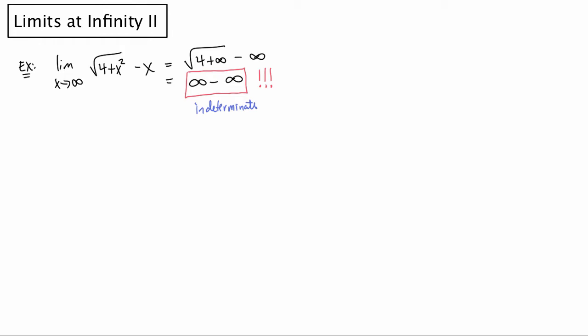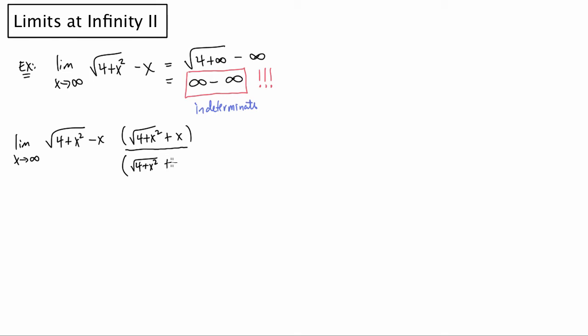So we've dealt with problems this semester that had square roots involved, and invariably when a square root is involved, we use the conjugate to simplify it, and that's going to be the same case here. So if I take the limit as x goes to infinity of the square root of 4 plus x squared minus x, the conjugate is the square root of 4 plus x squared plus x, but I need to also divide by that amount so I don't change the problem.